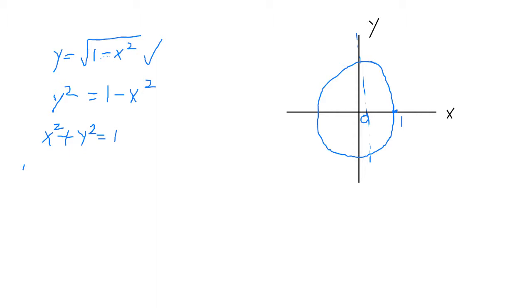And our original function is y equals the positive square root of 1 minus x squared. Is this function the entire circle? Is y equals plus the square root of 1 minus x squared the entire circle?